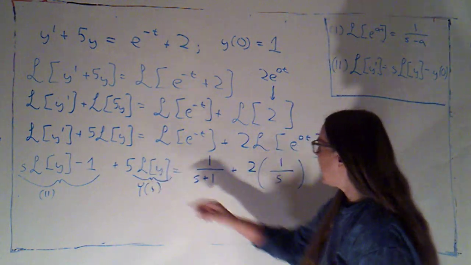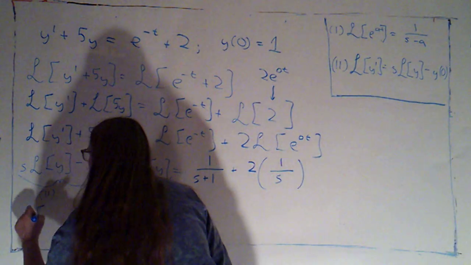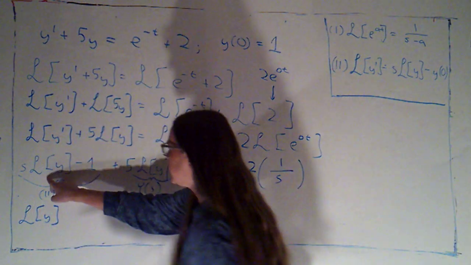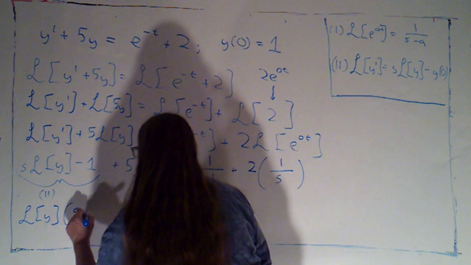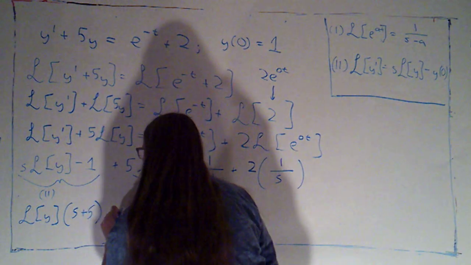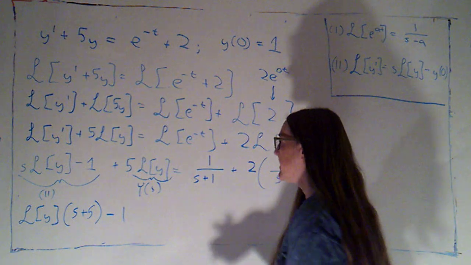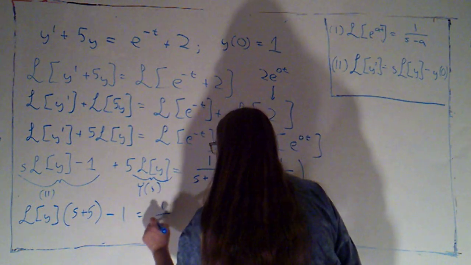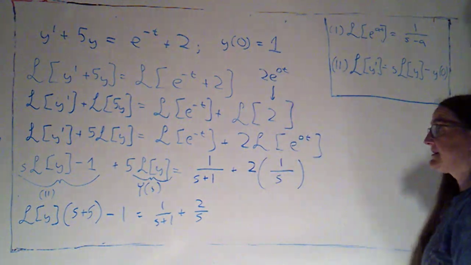So over here on the left, I can actually just factor out the Laplace transform of y from this term and this term. I can say that's being multiplied by s plus 5, and then I'm still also subtracting 1. Okay. And that's equal to 1 over s plus 1 plus 2 over s.